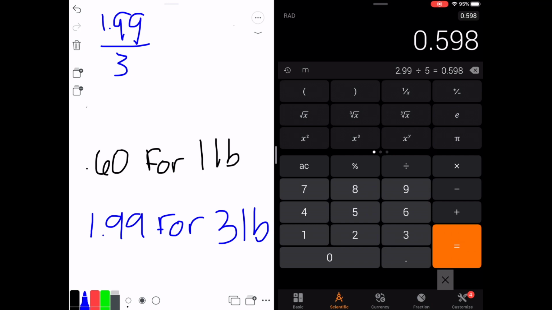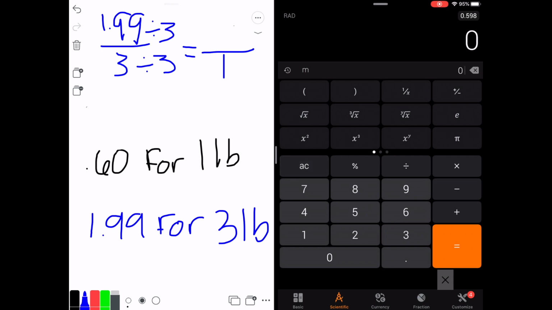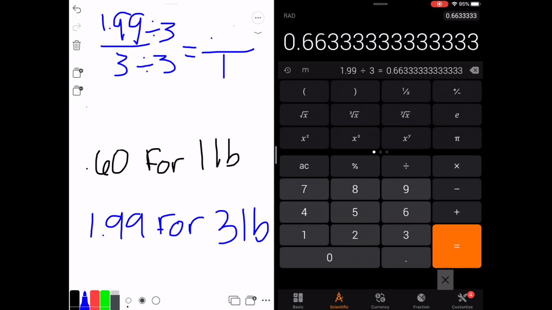So I'm going to divide by whatever my denominator is, because unit rate means a 1 in the denominator, and that's how you get a 1. So we get our 1, because 3 divided by 3 is 1. Then I'm going to go over to my calculator and see what $1.99 divided by 3 equals. 0.66. And then it's a really long decimal, so we'll just leave it at that. Okay, so our Walmart cost is 0.66 for 1 pound.